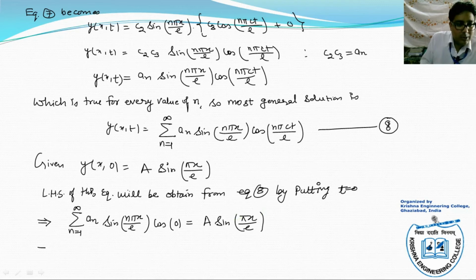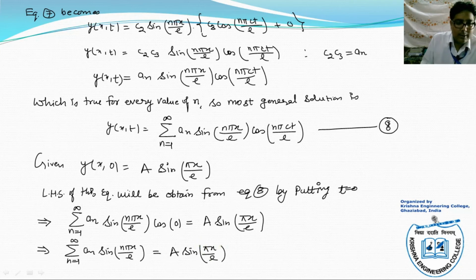Clear? So this becomes sigma n is equal to 1 to infinity a_n sin(n pi x upon l) cos 0 is equal to a sin(pi x by l). Clear? We complete the solution in the next page.